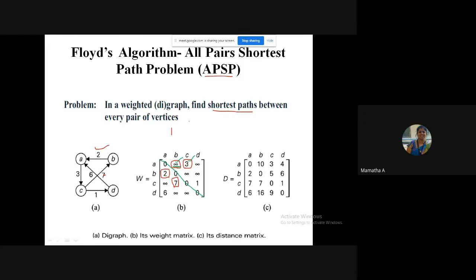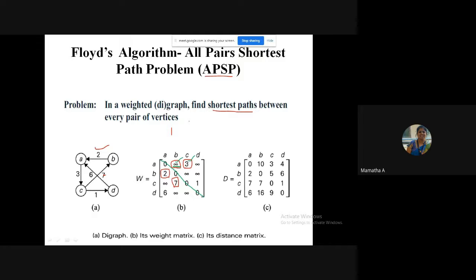So three rules you should follow. Rule one, if there is an edge, write its weight. If there is no edge, write infinity. If there is no self loop, write 0. Three rules to be followed. Are you understanding? This is the cost adjacency matrix.